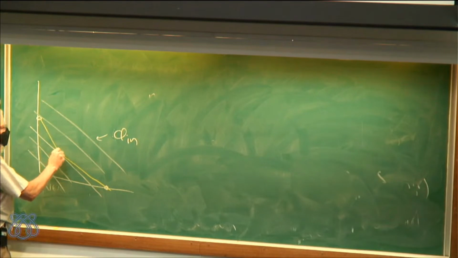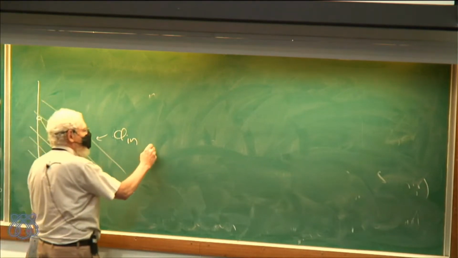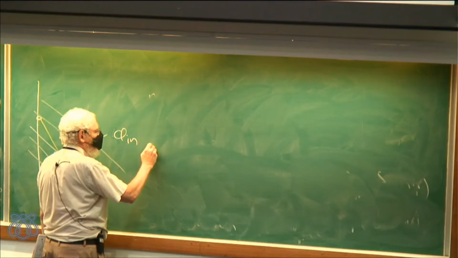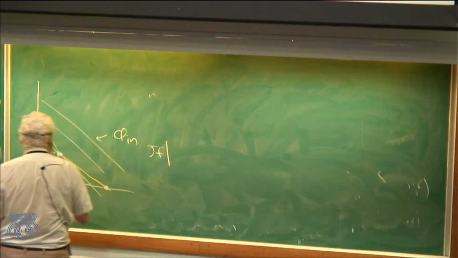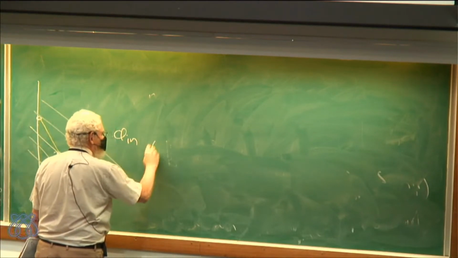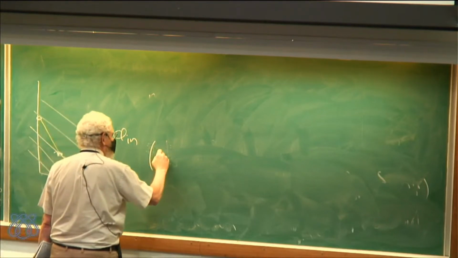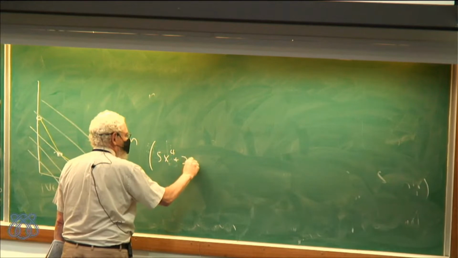These are the different values that it has on the monomials. So let's see what happens here. So I want to look at JF restricted to, well, let's say it this way here. We want to look at the monomials of 5x to the fourth plus 2x.